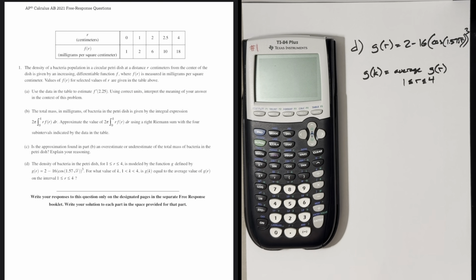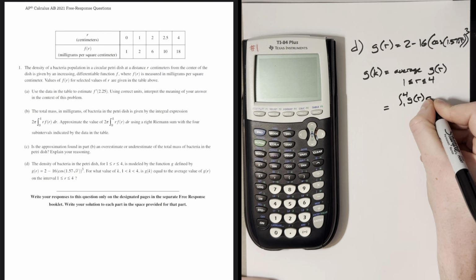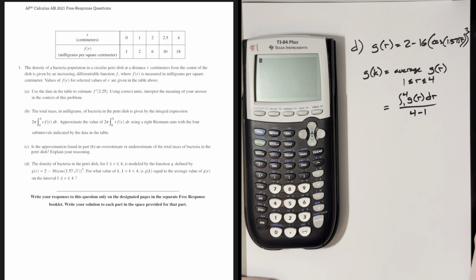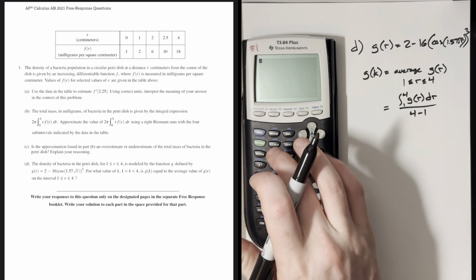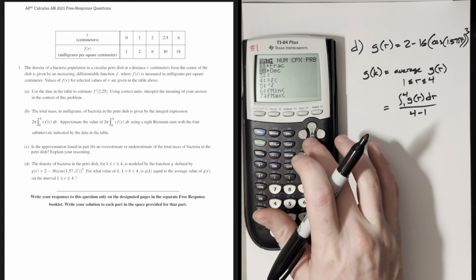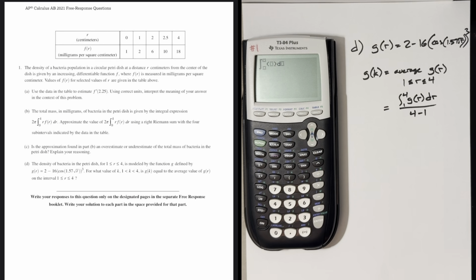The average value is the integral from a to b, which in this case is 1 to 4, of that function divided by the length of the interval. I can do this using my calculator. One really awesome tool is if you click math and go down to number 9, we get this function int, and it allows us to calculate definite integrals.